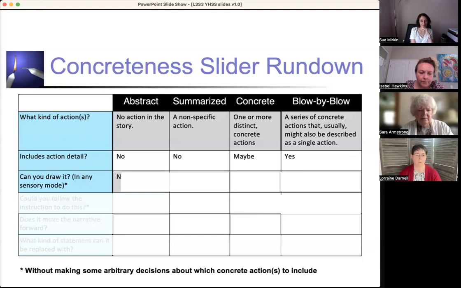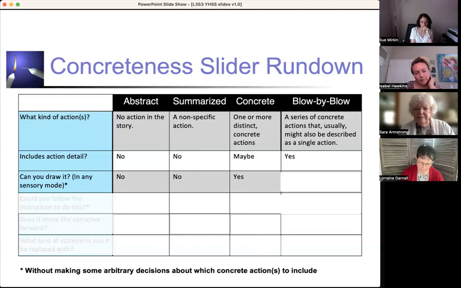In terms of the abstract, no, you can't draw it or represent it in any other sensory mode. It's too abstract. The summarized, no, also you can't. It's non-specific. You can't draw something that's non-specific. You can take that and say, oh, I'm going to add some specifics, but then it's no longer the summarized thing. Concrete, yes, there are distinct concrete actions, and so you can definitely draw it.